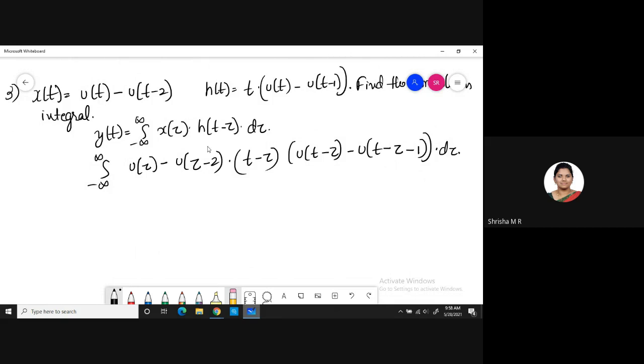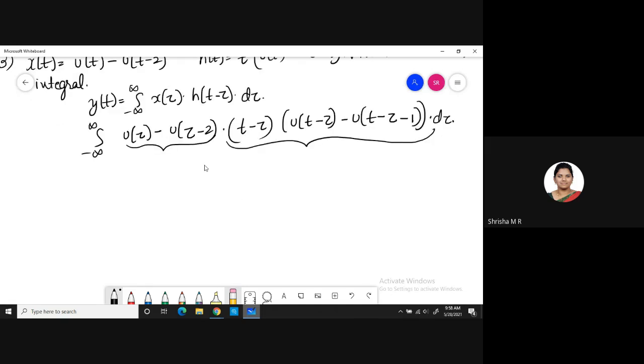We'll fix the x of tau term and vary the h of t minus tau term. We'll plot this term first, then this term also. So we'll have a minimum of 5 cases in this problem. First we plot x of tau, that is u of tau minus u of tau minus 2.